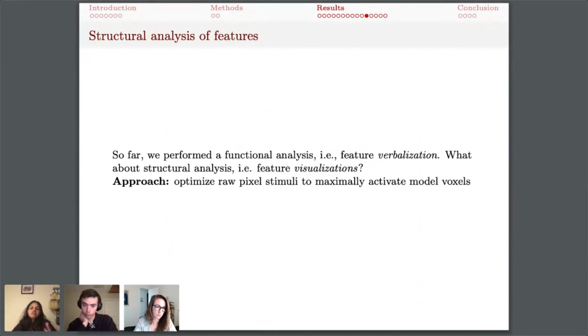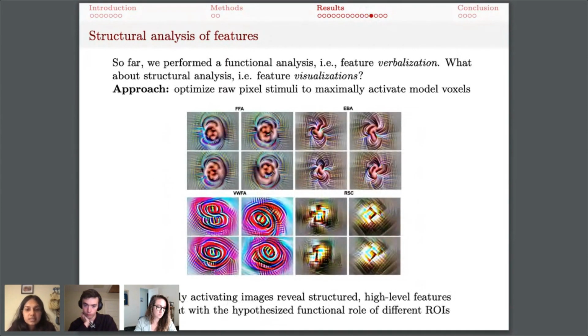So far we've performed a functional analysis, like feature verbalization, by dissecting the network activations. We also performed an unconstrained optimization over input noise to discover the input that would result in maximal activation of individual voxels. Even despite this unconstrained optimization, we see that the optimized images still contain human recognizable patterns.